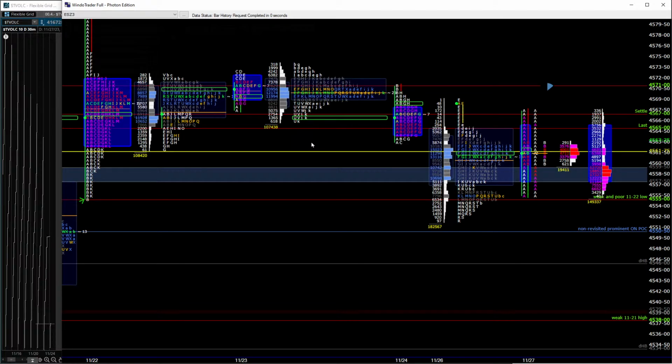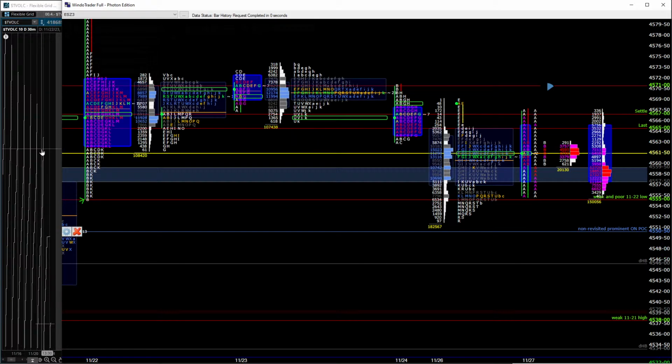Inside bar, perfect inside bar so far. We are just 4 minutes into the second period. Clearly low volume. You can see what happened here.